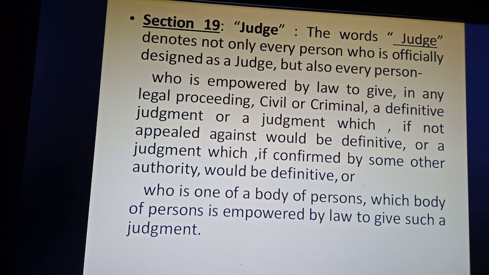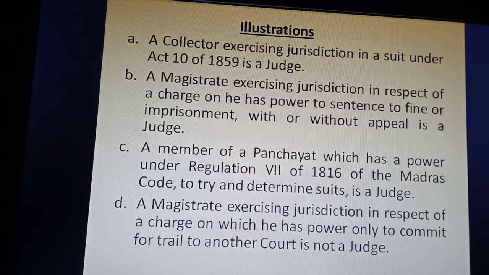If he is not empowered by the law to give the judgment, then he cannot be regarded as a judge, which is described in section number 19 of IPC. Now let us take some examples when a person can be considered to be a judge and when a person cannot be considered to be a judge.